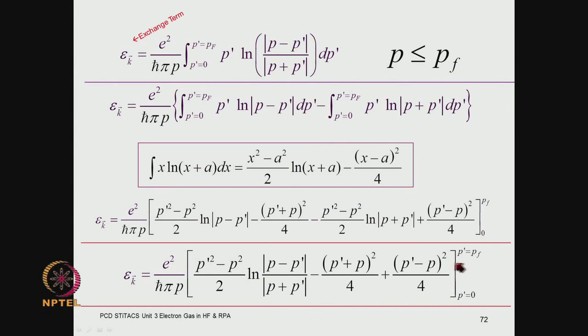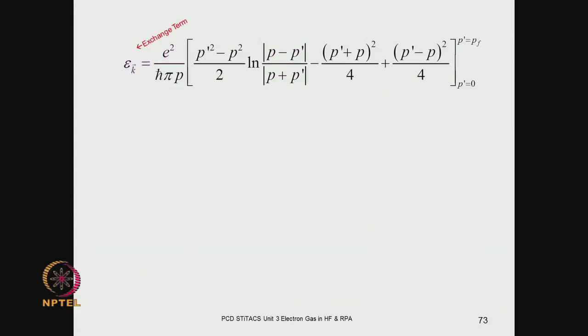Okay. So, now you have to put the limits because you have an upper limit p prime equal to the Fermi momentum and the lower limit is p prime equal to 0. So, you have to write this expression for the upper limit and subtract from it the corresponding expression for the lower limit. So, let us do that. We have the upper and lower limits to be respectively the Fermi momentum and 0.